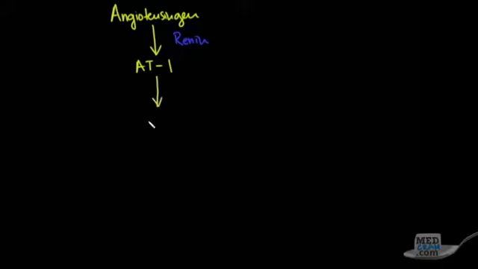Angiotensin 1 is then converted into angiotensin 2, and that is done in the lung by an enzyme called ACE. Now, ACE is in the lung. It does convert angiotensin 1 to angiotensin 2, and we can inhibit ACE by giving someone an ACE inhibitor. And these are the medications that end in prils. So captopril and lisinopril, etc. Angiotensin 2 is a powerful vasoconstrictor.